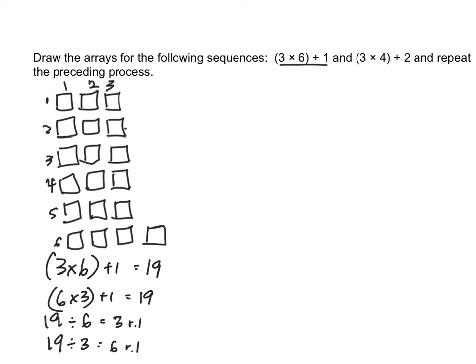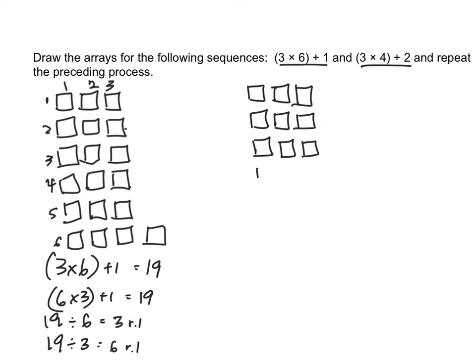Let's show our next one, 3 times 4 plus 2. I want you to go ahead and draw this. Pause if you need to while I'm doing it so that you can get that done. So we're going to do 3 times 4. As always, anytime you need to stop and do something yourself, just hit the pause button and that will work great for you.